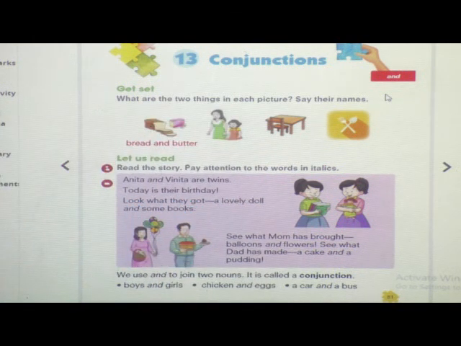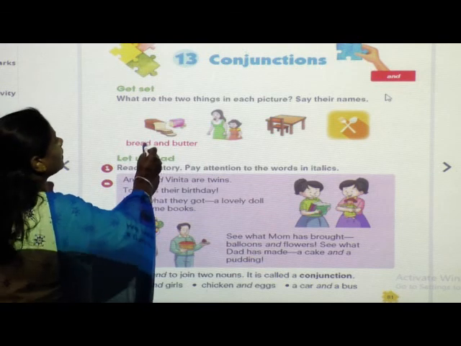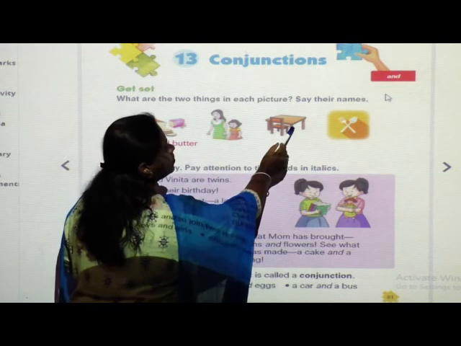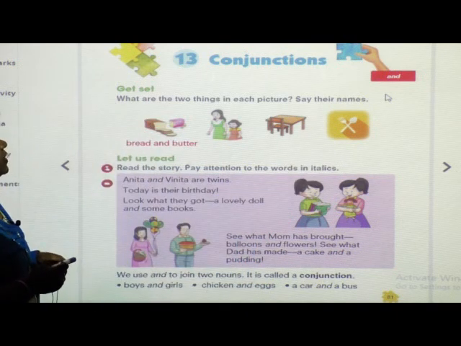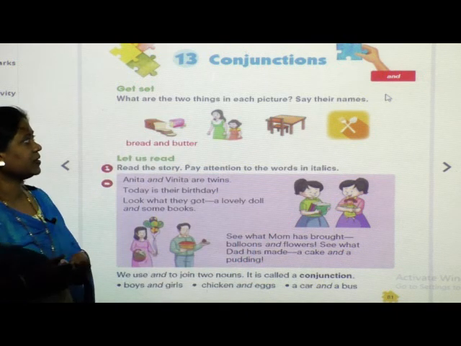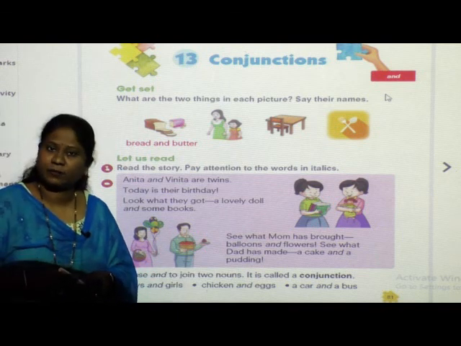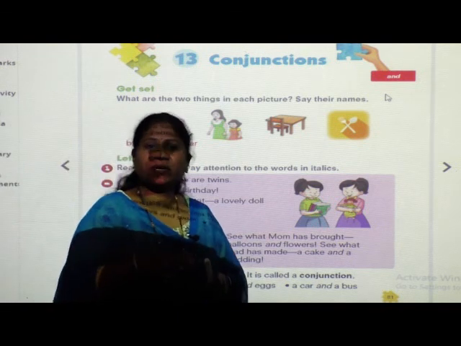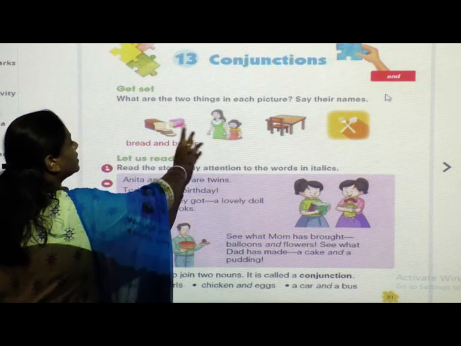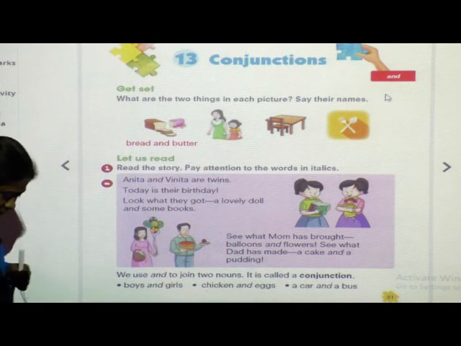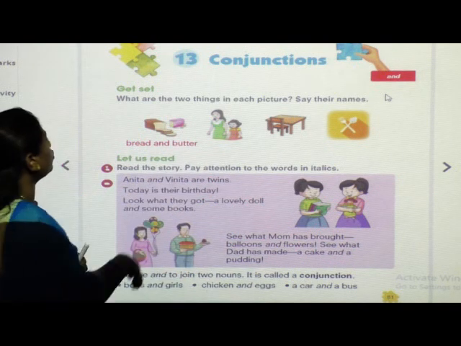Next, here you can see pictures 1, 2, 3 and 4. What are the two things in each picture? Say their names. See children, in each picture you can see two things, two pairs.